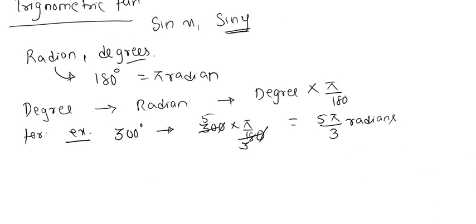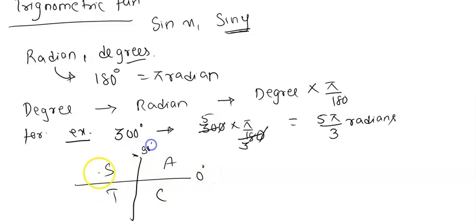Now a very important coordinate concept of trigonometry that I think is very important for mathematical tools in physics is the CAST rule. CAST rule basically means over here, like we have this type of coordinate system, C, A, S, T, and we know this is 0, 90, 180 and 270, right?